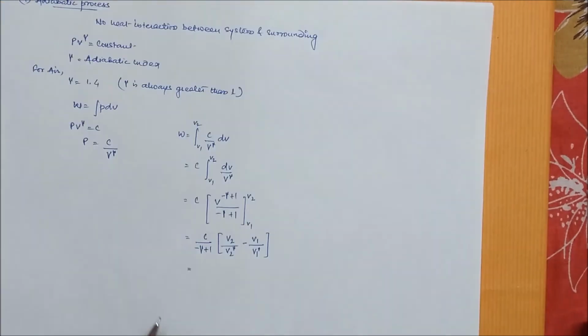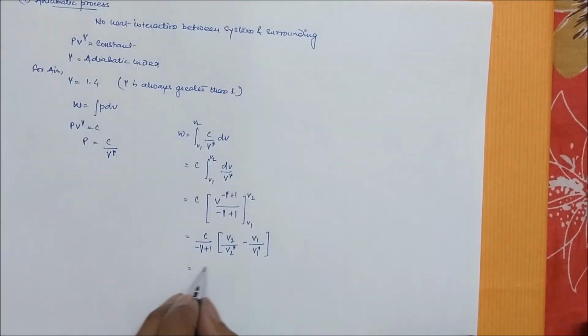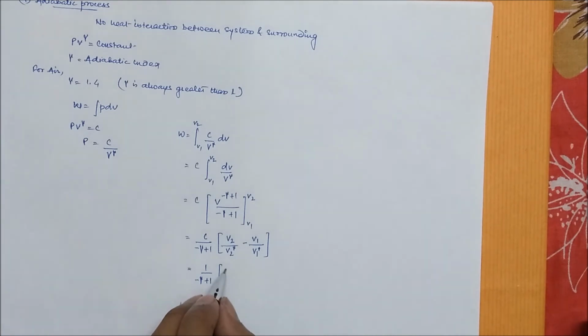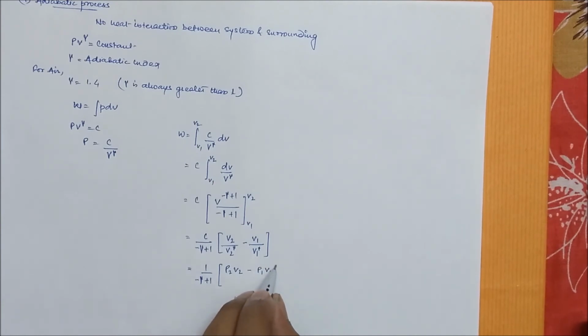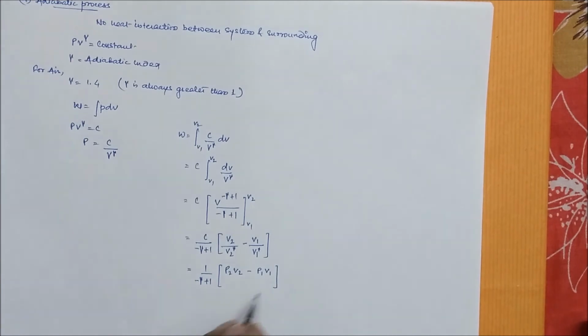From this, we can have 1 by minus gamma plus 1 times P2 V2 minus P1 V1, right?